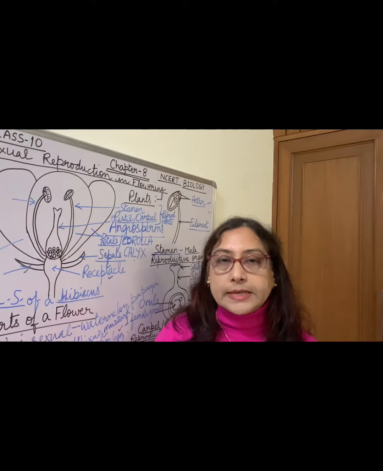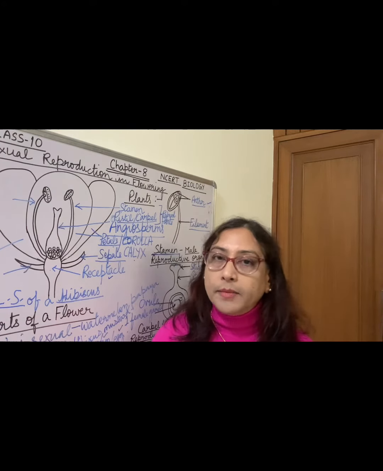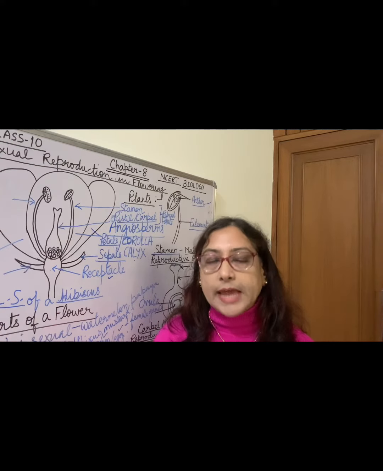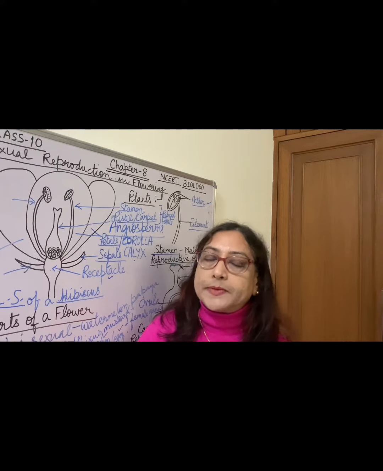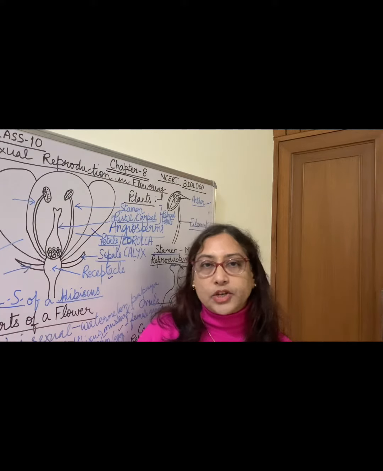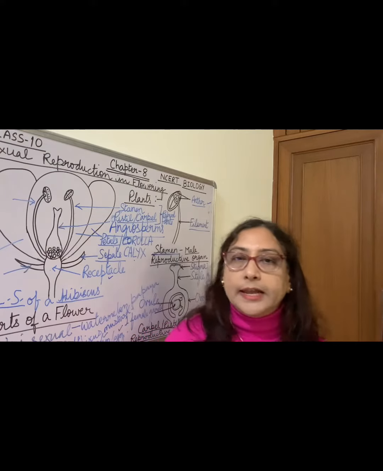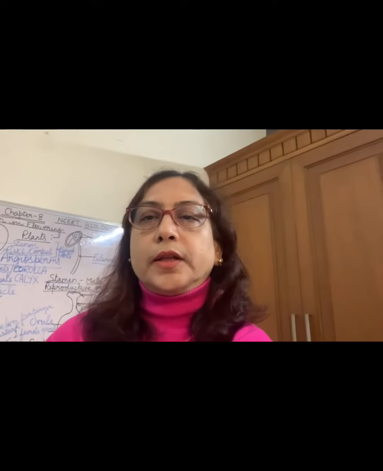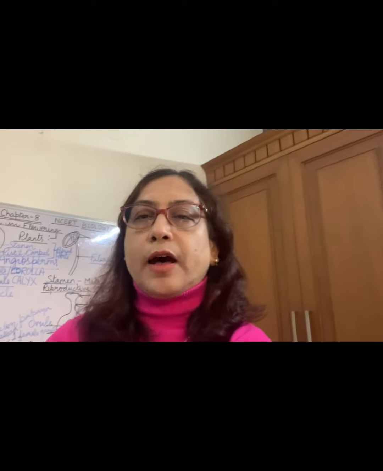Now this process of combining of one male gamete with one female gamete takes place in two steps, and these two steps are pollination and fertilization, about which I will be telling you in my next class. Children, before we wind up, let us quickly observe the parts of a hibiscus flower practically.